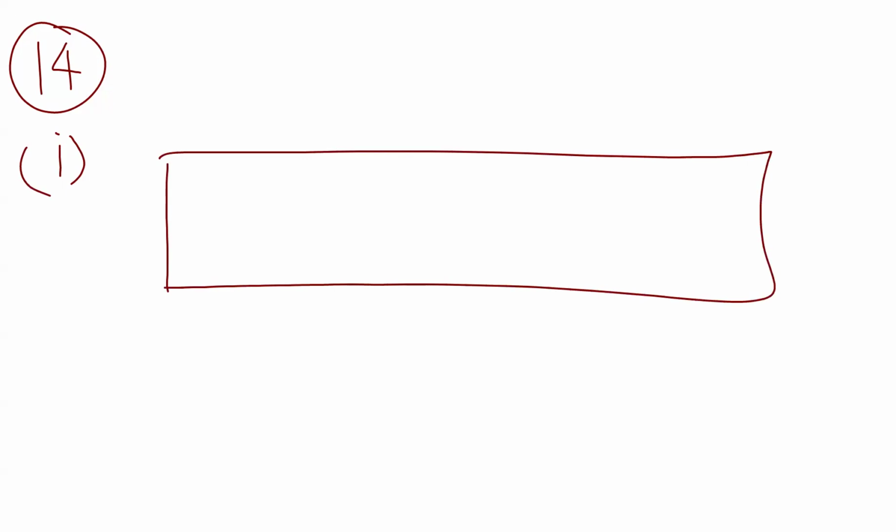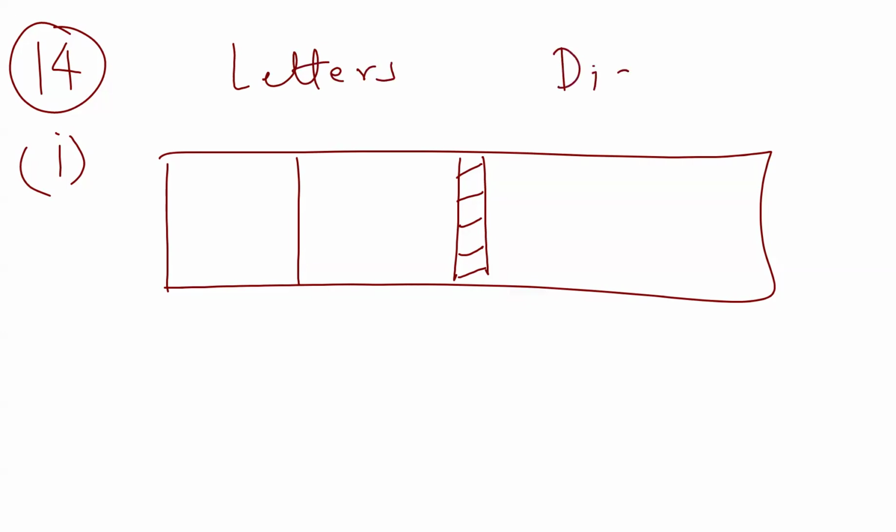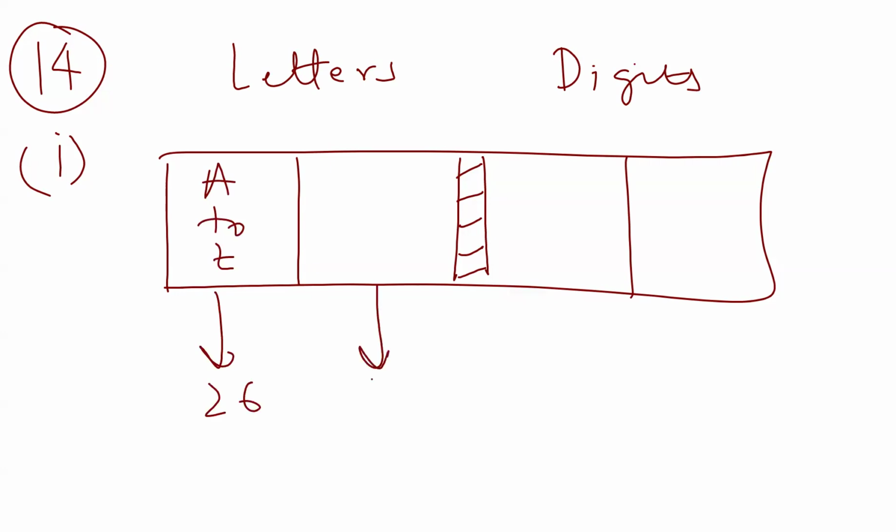There is a code word, so here there are letters and here there are digits. Distinct means different, so repetition is not allowed. So this is A to Z, 26 ways, and this will be 25 because repetition is not allowed.